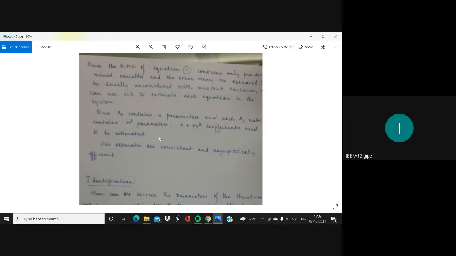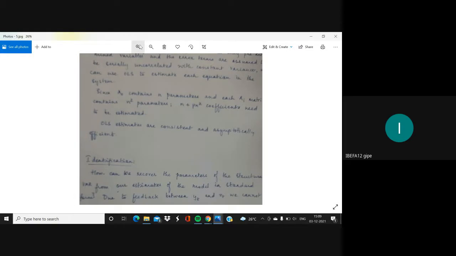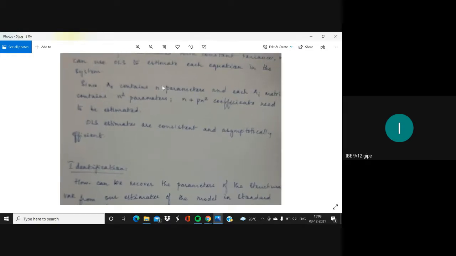Sorry, this is a little blurred, but I hope you're able to read it. Now, since A naught contains n parameters, so your vector of constant terms or intercept terms has n parameters, and each Ai matrix contains n square parameters. Each of those Ai matrices were n by n matrices, right?